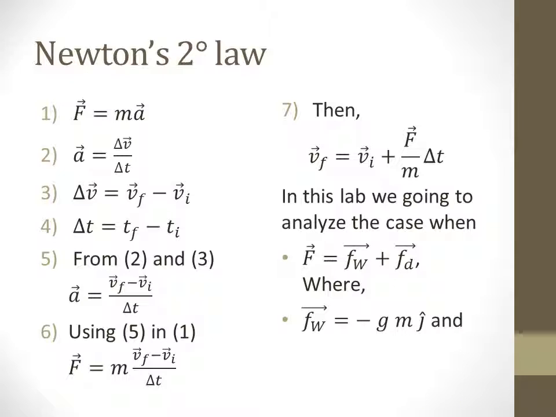First, the weight force, that is the force that the mass of the Earth applies over an object, and it's represented by the gravity acceleration constant times the mass of the object in the contrary direction of the y-axis, that is represented by the minus j hat.